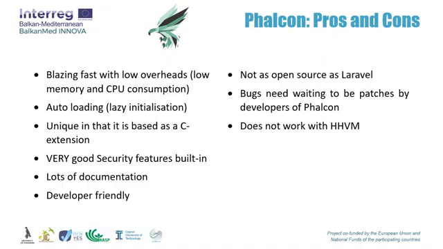It allows loading project classes automatically, based on some predefined rules. By loading classes on a need-to-load basis, the overall performance is increased since the only file reads that occur are for the files needed. This technique is called lazy initialization. Phalcon is unique in that it is built as a C extension, meaning that the code is compiled and faster.